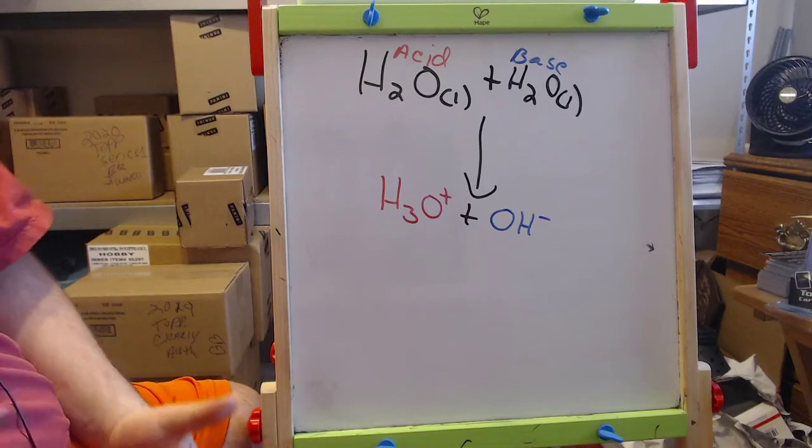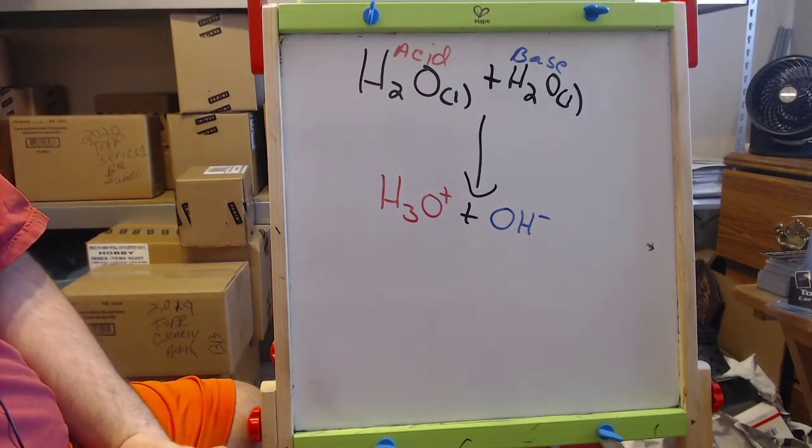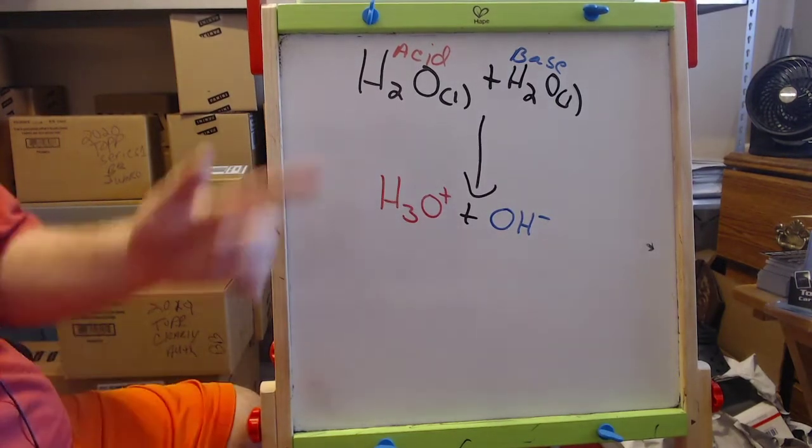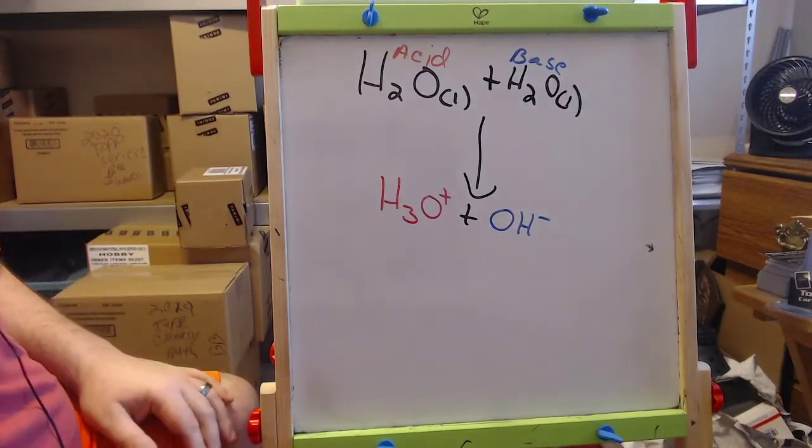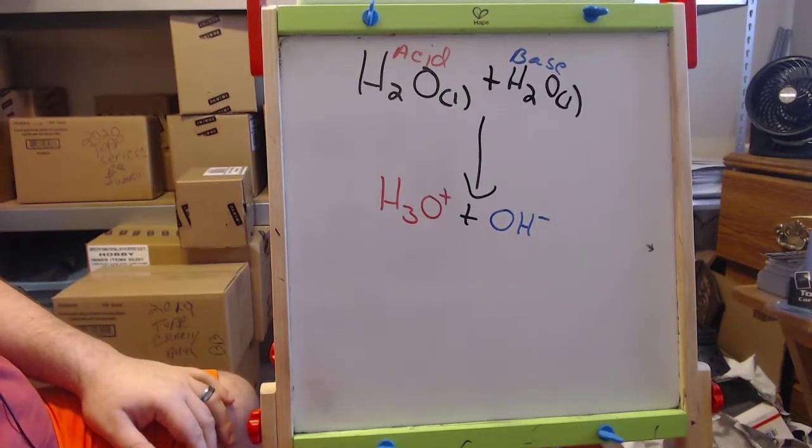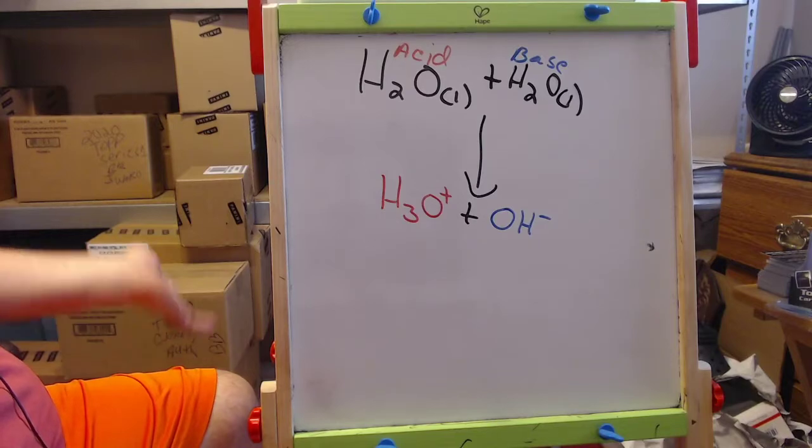Now again, it's very small quantities. We call this the autoionization of water because water can act like an acid or a base in the presence of an acid or a base.